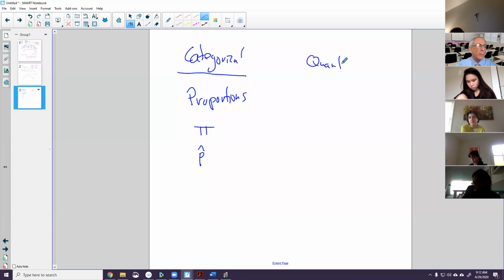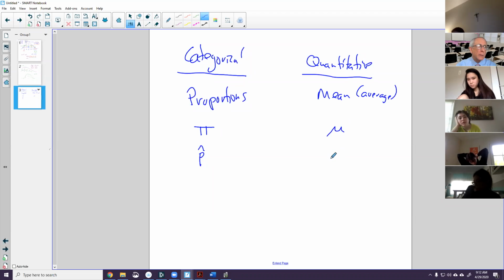Quantitative variables, we're trying to find the mean, or what we more commonly call the average. And for that, we use mu for the population, and we use x bar for the sample.